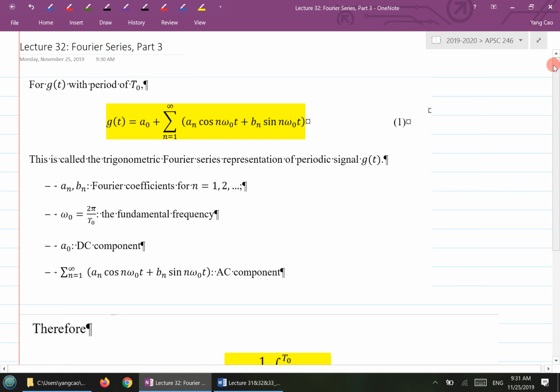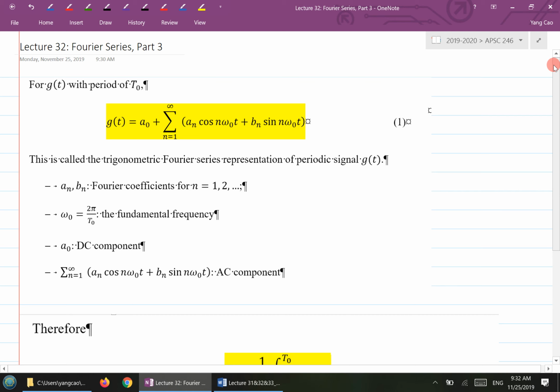So we talked about Fourier series, and we have looked at how to decompose a periodic function into a summation of sine and cosine terms. So this is a quick recap right here.